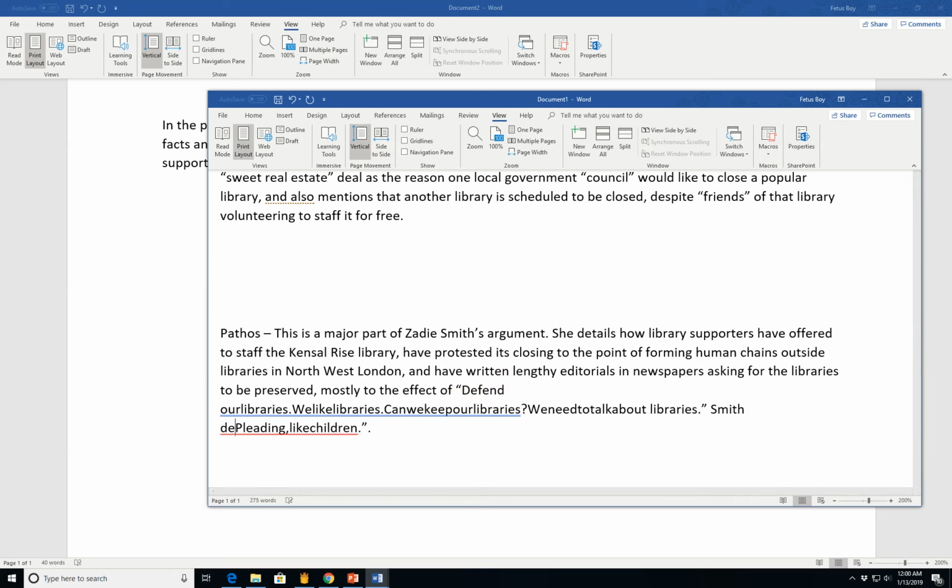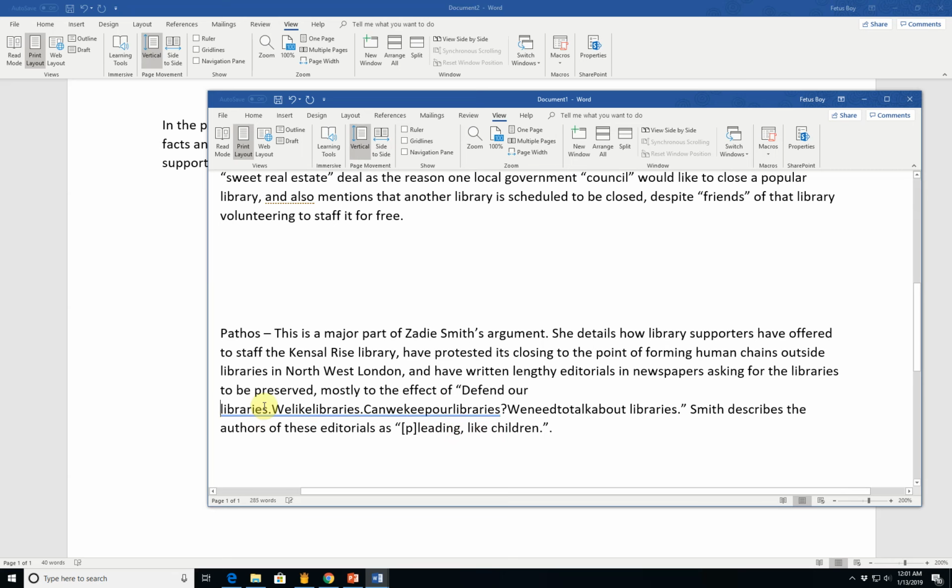So Smith describes these editorials, describes the authors of these. And when you take a quote and you change something like a letter, you can just put that in brackets, or if you need to put some clarifying words, things like that.